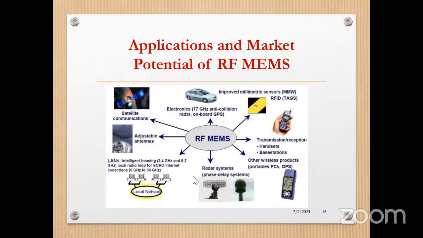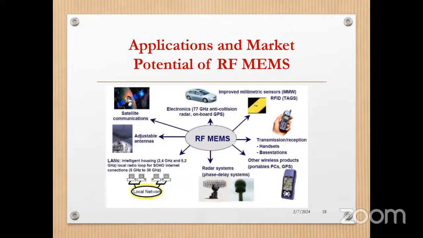Then you can see all the wireless LANs available in mobile Wi-Fi modules and in your laptops, where the size has to be reduced. One of the very important benefits of reduction in size is a longer battery life.